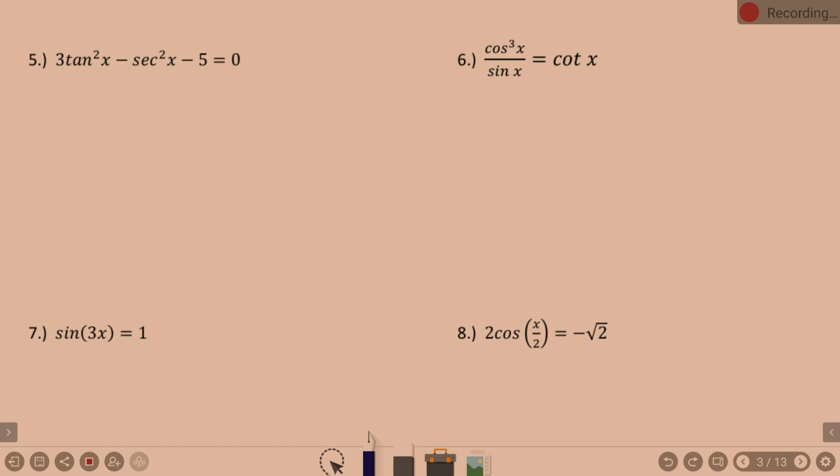What's different? Yeah. It's not all sines or all cosines. It's not all of the same thing like it was last time. Okay? In order to really make this solvable, it needs to be all of the same thing. We have a tangent squared and a secant squared.